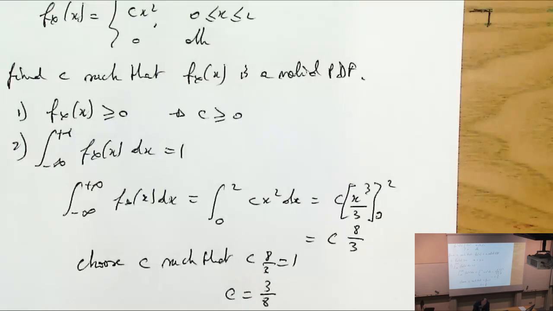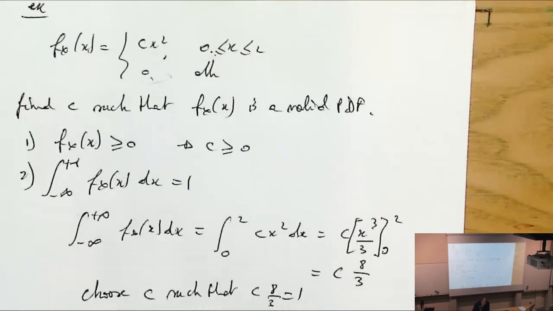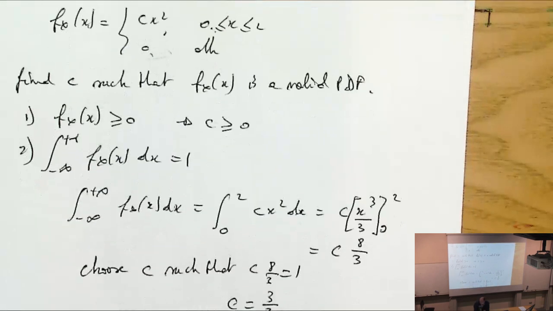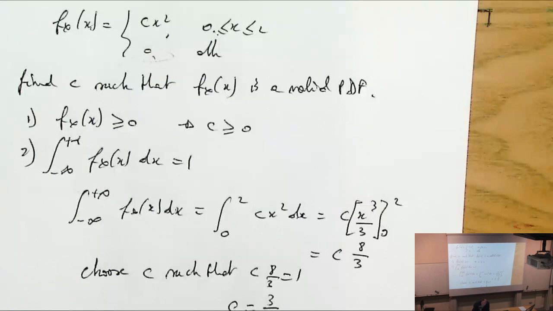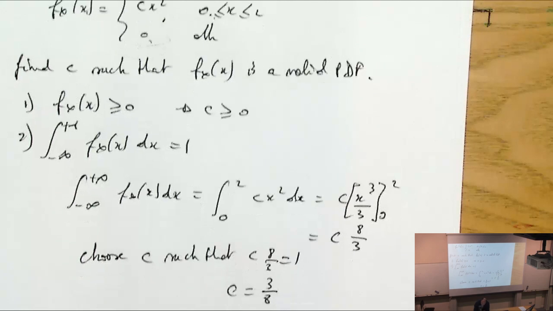So if u is smaller than 0, you know from here that the PDF is equal to 0, so the CDF will be equal to 0. If u is between 0 and 2, what you get here is the integral between minus infinity and u of f_X(x) dx. If u is larger than 2, what should we get?